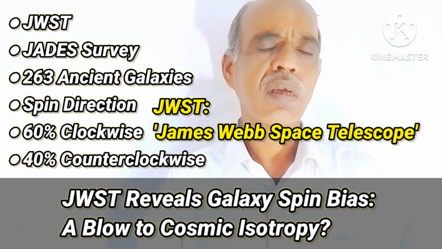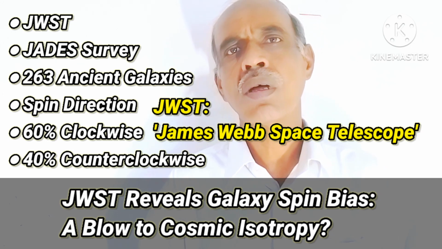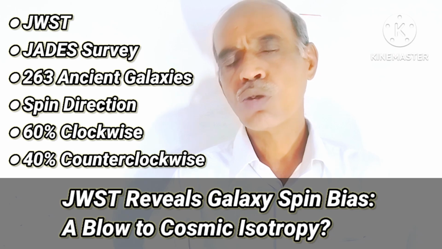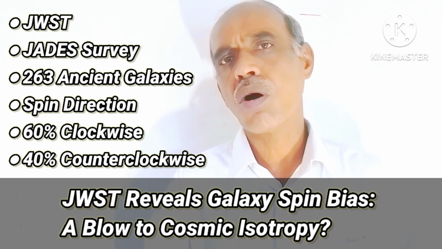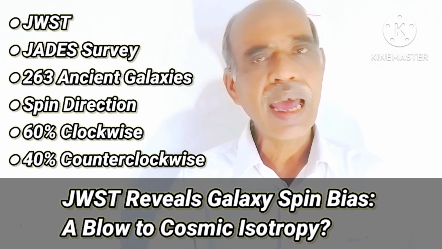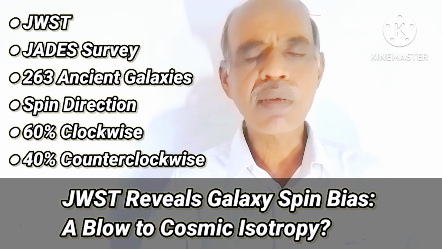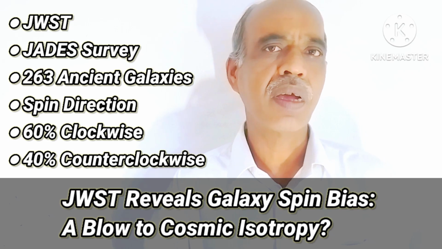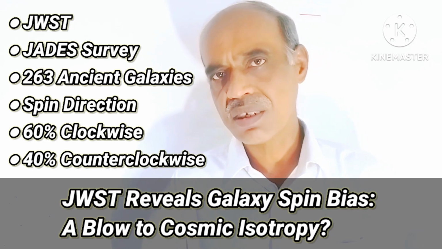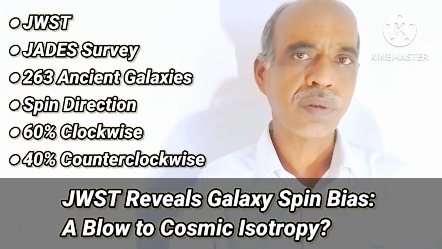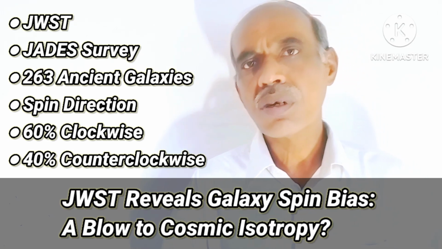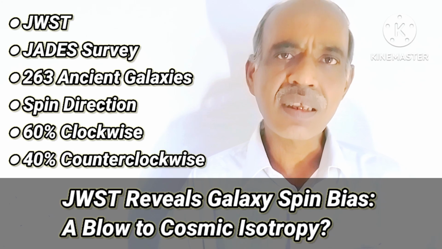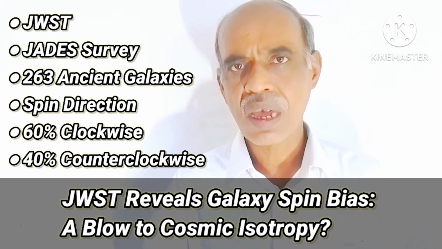Earlier this year, astronomers used data from JWST's JADES survey to study the spin direction of 263 ancient galaxies dating back to a few hundred million years after the Big Bang. Here JWST means James Webb Space Telescope. So data was collected using that telescope and then studied and analyzed.